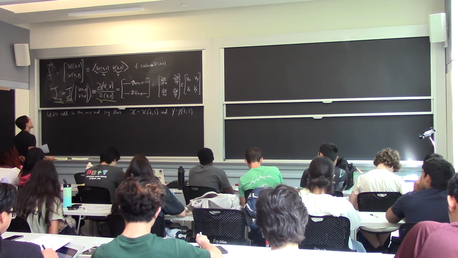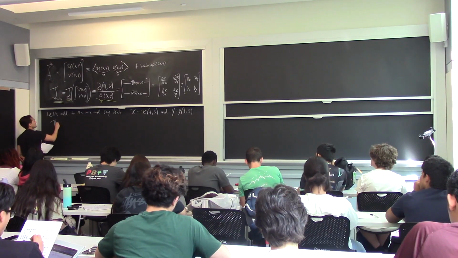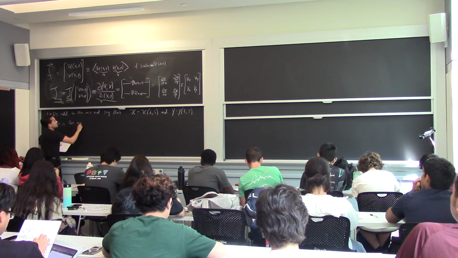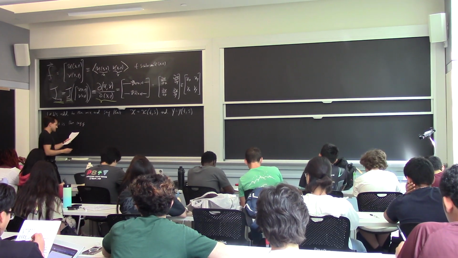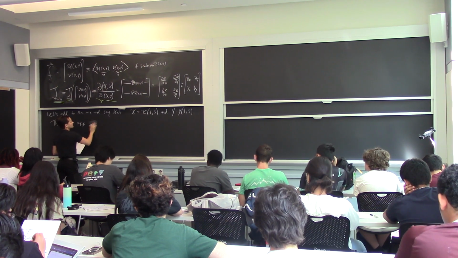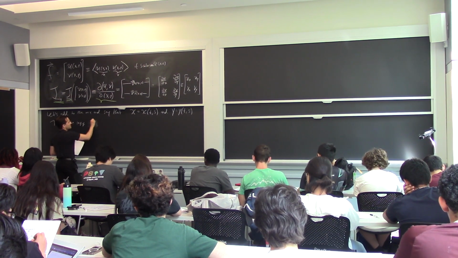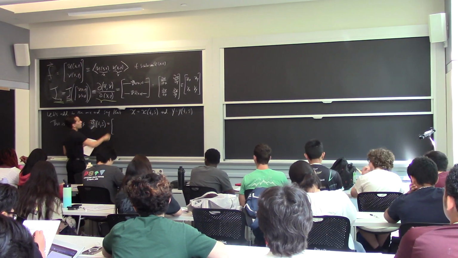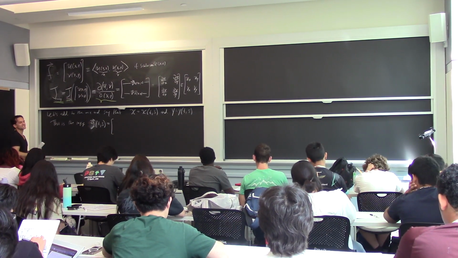One way to approach this is to say that g is a vector valued function of t and s. What are the components of g of t and s?